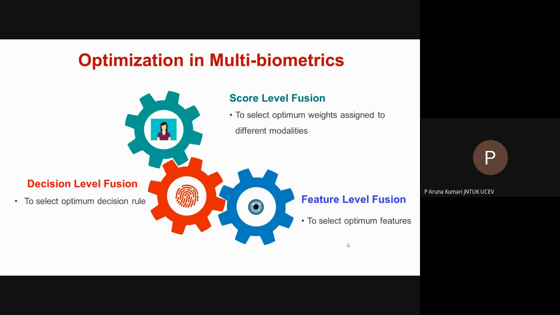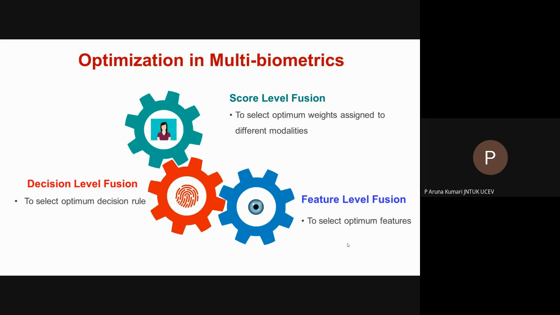That means we can select either the optimum weights to assign, or the different rules which you are obtaining after fusion. At the same time, in feature level fusion, when you are combining the features from the different modalities, different biometric templates, then obviously after integration, the feature set size will be increased.